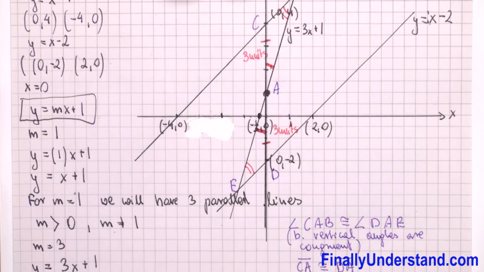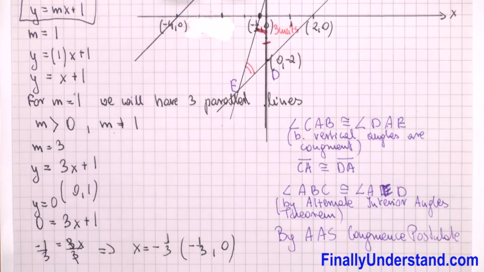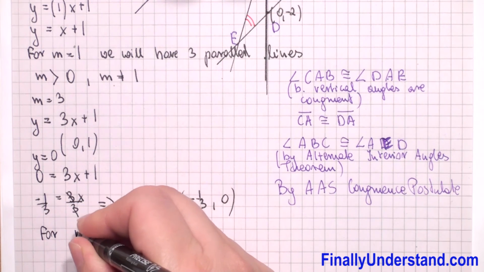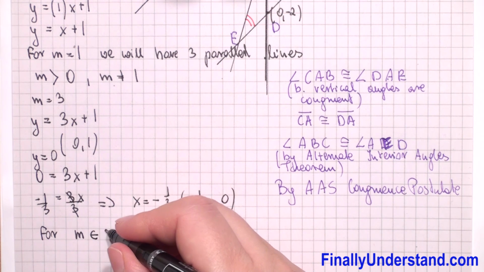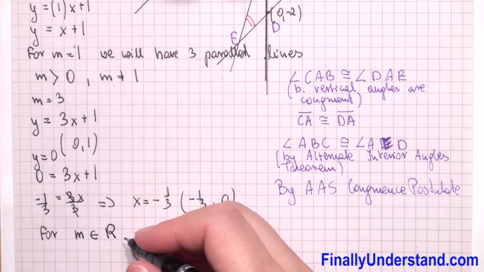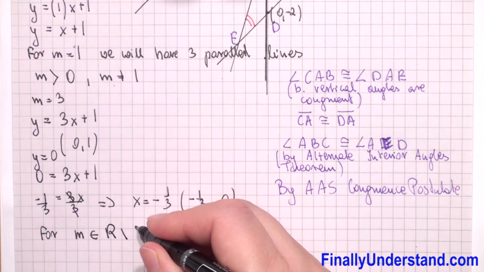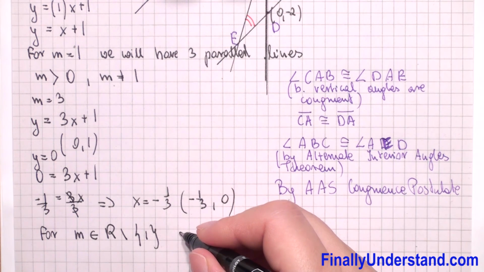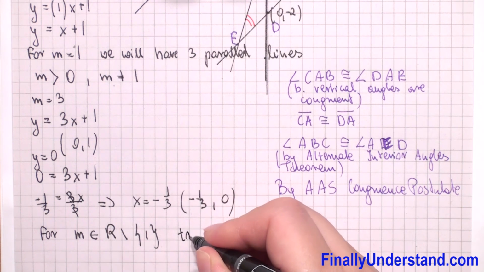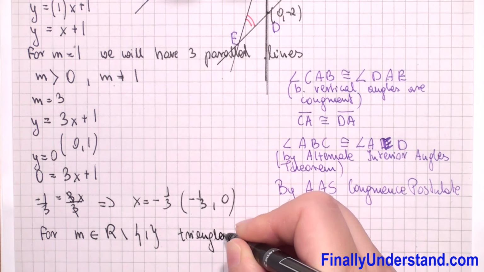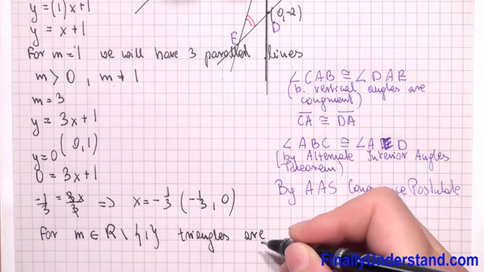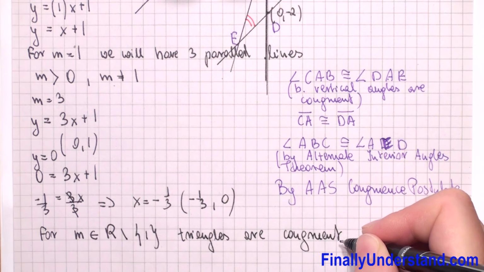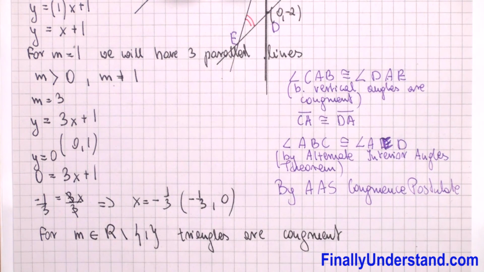So we can write now that for m belongs to all real numbers without 1, we have that triangles are congruent. So this is my solution.